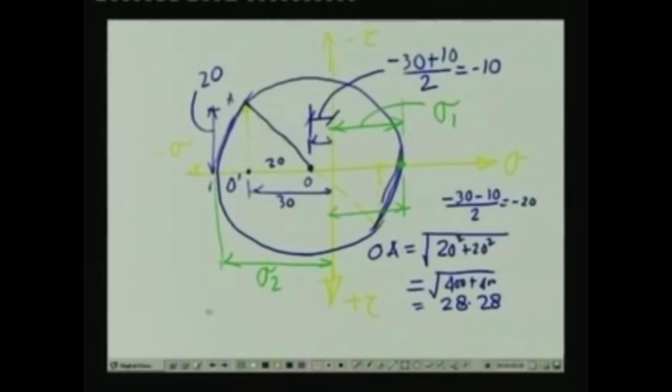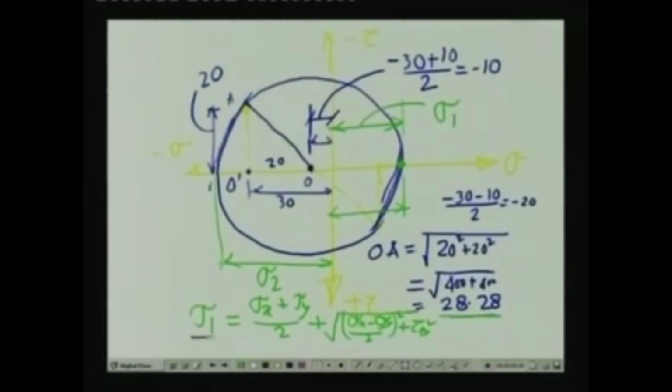So, sigma 1 is equal to, as we have seen earlier, sigma x plus sigma y by 2 plus the radius, which is root of sigma x minus sigma y by 2 square plus tau xy square, and this particular quantity is nothing but the radius, which is equal to 28.28.